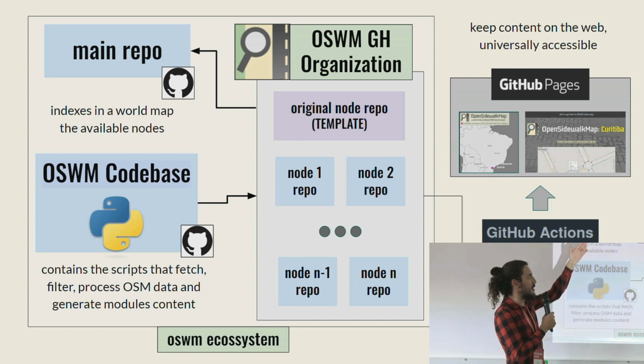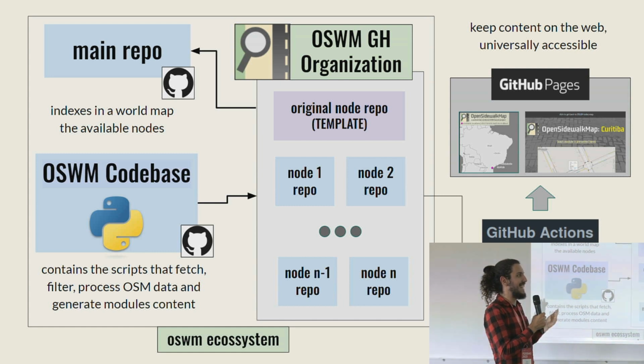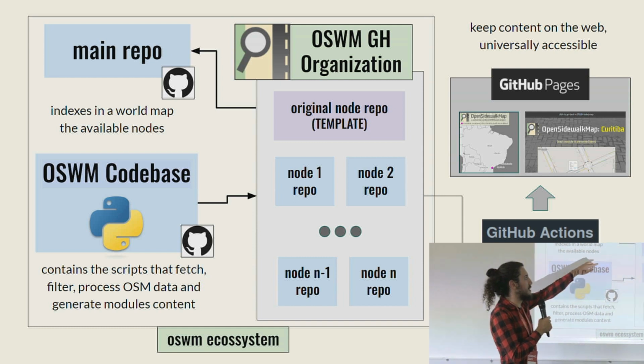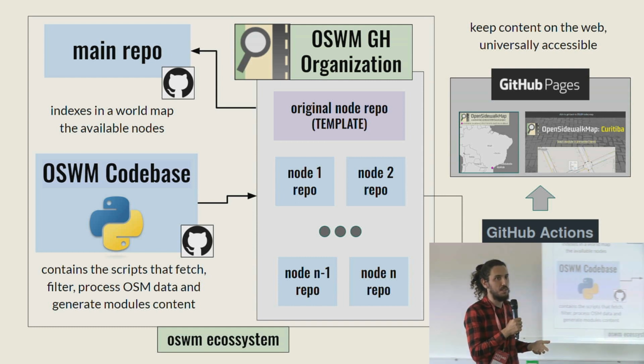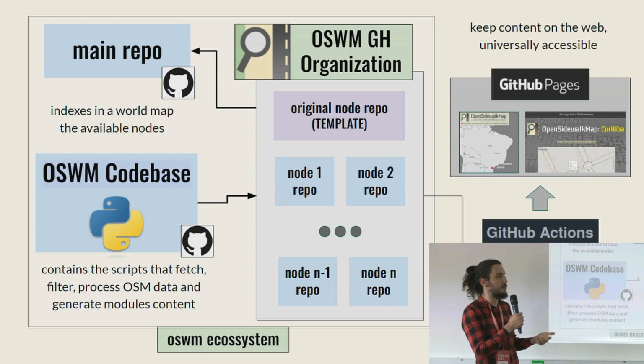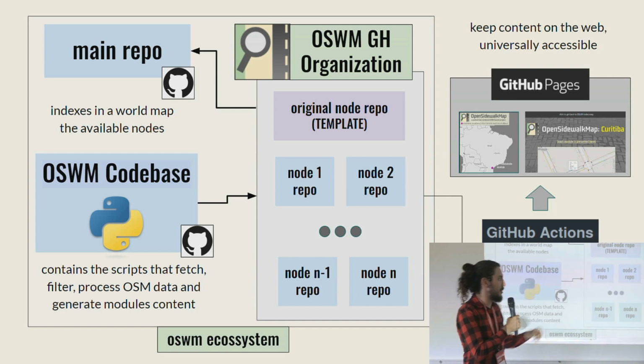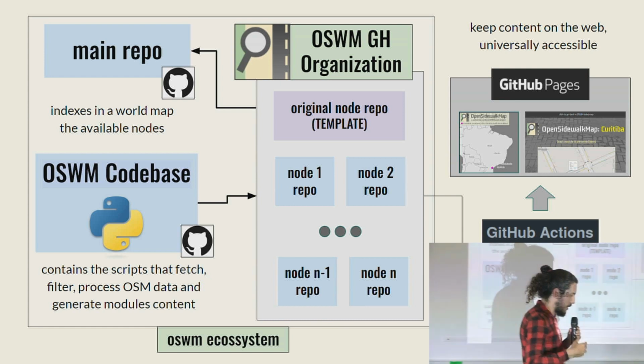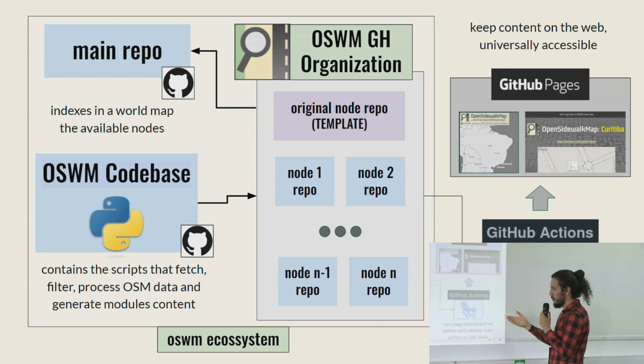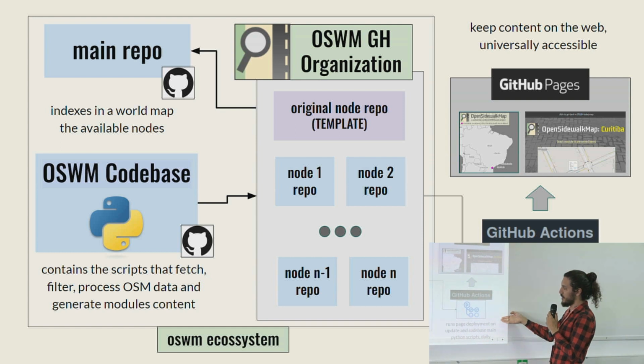And there's the Opensidewalkmap GitHub organization, where there's the original node repository of Curitiba, that is the template node, and there's the other nodes. And daily, they are updated using GitHub Actions.